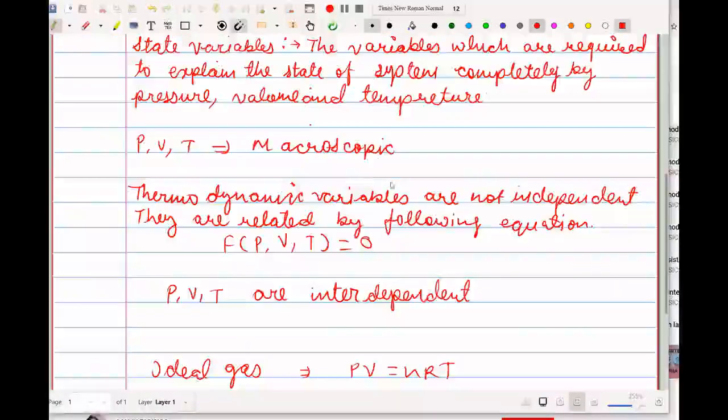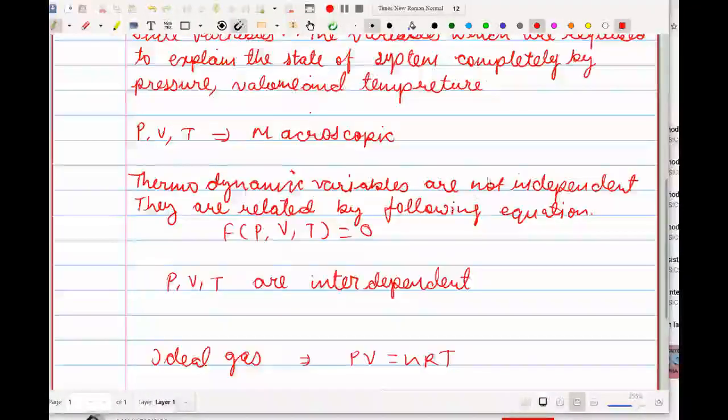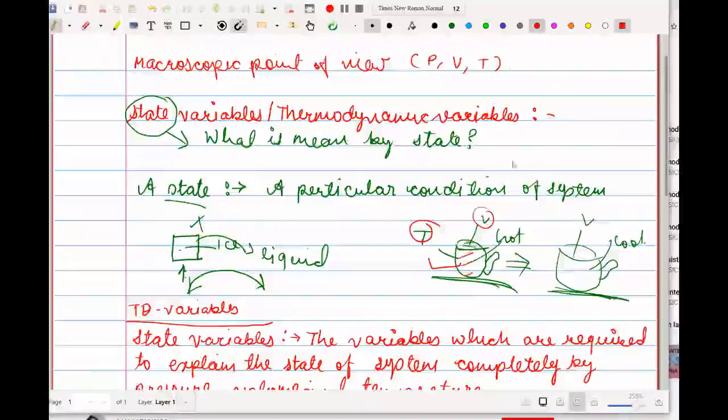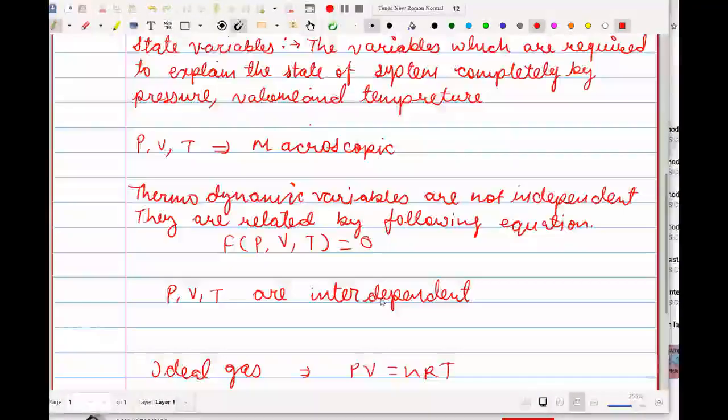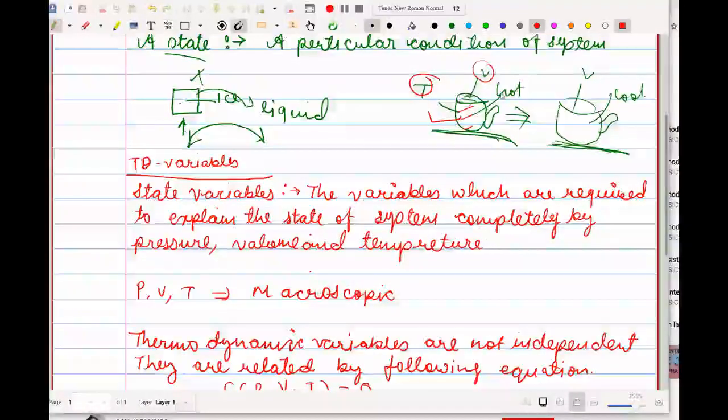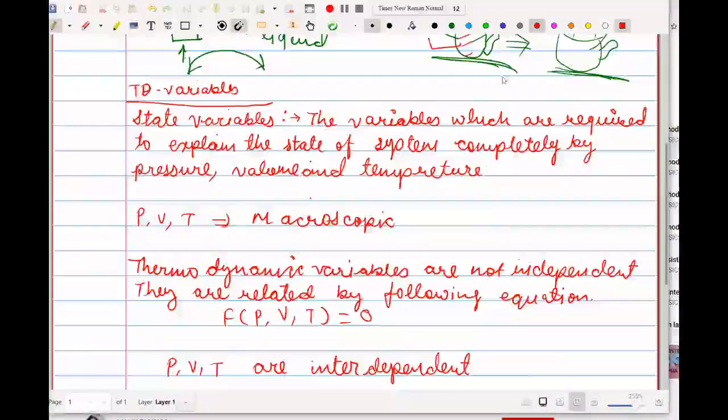Then we know what is meant by state. State is the particular condition of the system. So here you need to explain the thermodynamic system completely using the temperature, volume or any of the things. And you see that these variables are not independent.